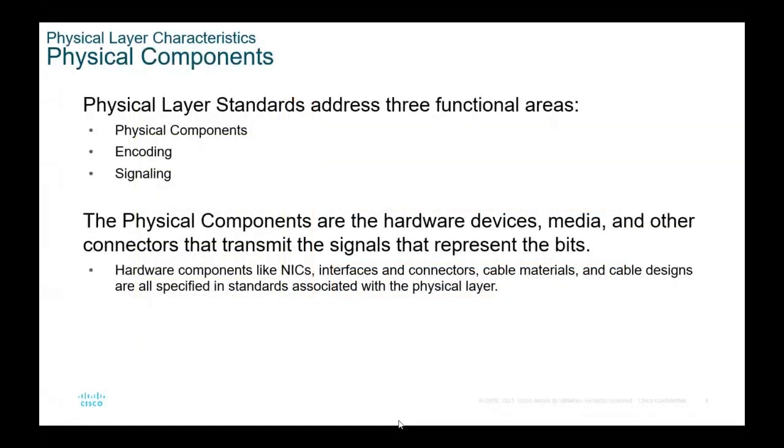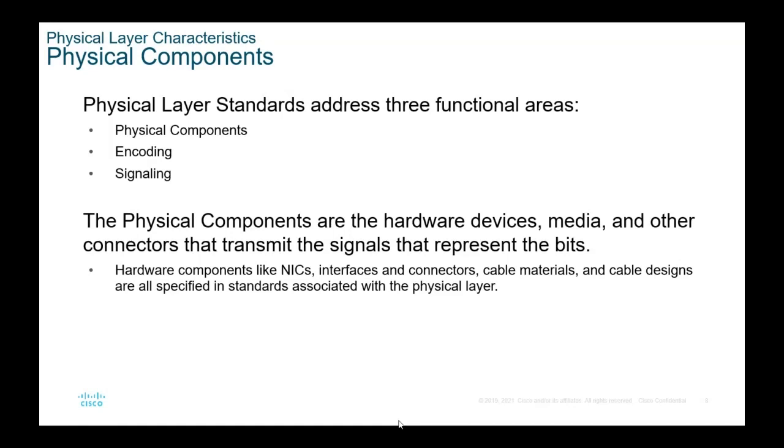So the physical layer standards address 3 functional areas. The physical components. So obviously, it wouldn't make sense if Intel makes a connection that's 2 centimeters wide, and Netgear makes a connection that's 1 centimeter wide. It just doesn't work, does it? That's the physical dimensions.